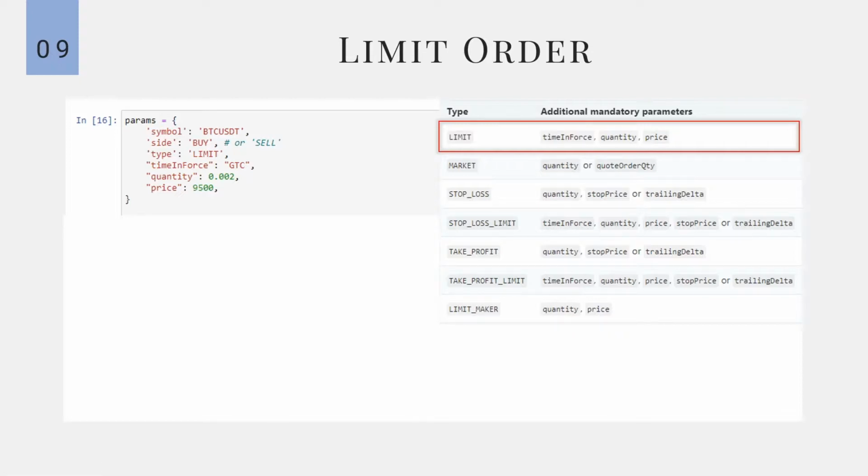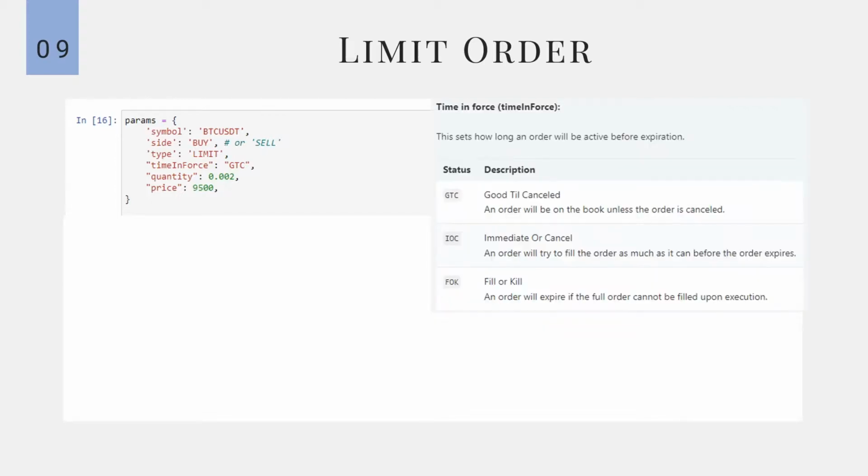If you don't know what to write to one of these parameters, like the time in force for example, you can simply go to the documentation, which is linked in the description, and read it there. If you go to time in force, then you get this little table, which tells you that you have 3 possibilities to give the time in force value.